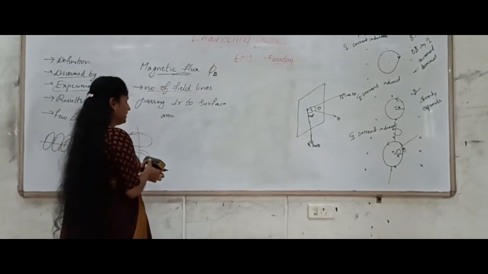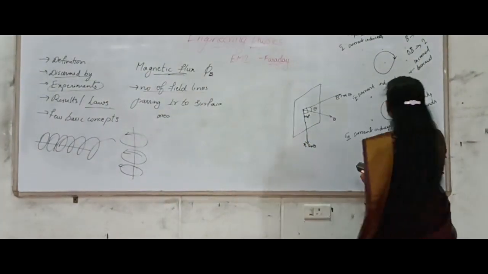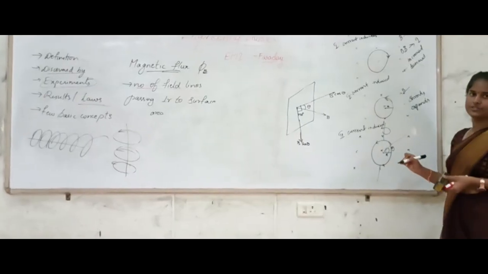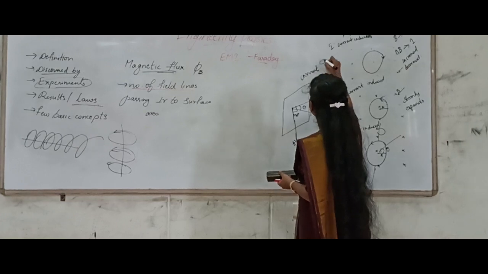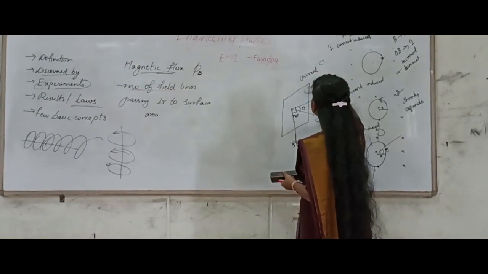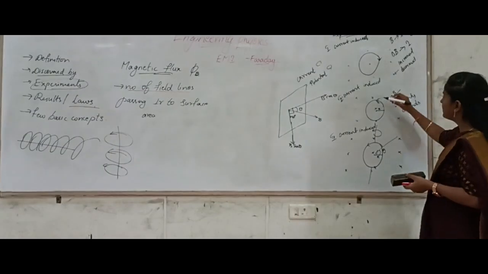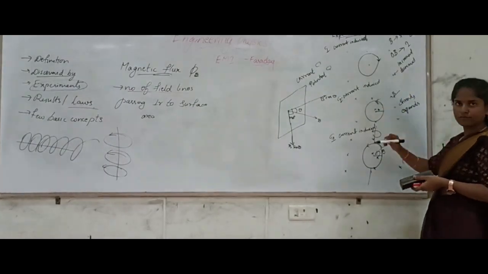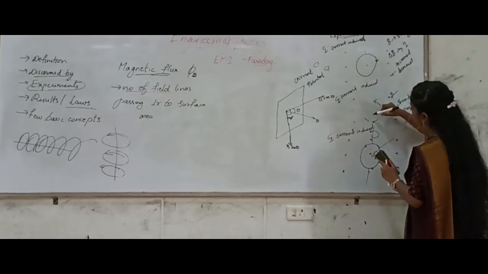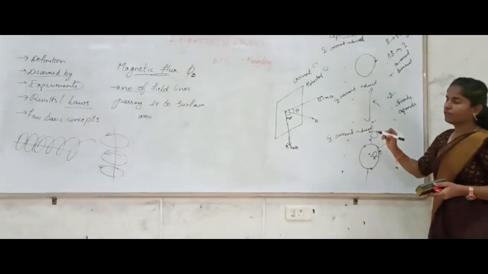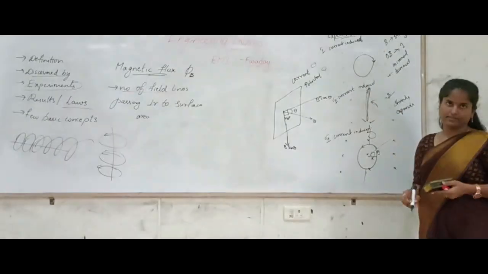Before going to the laws, let's discuss one more topic. Here, is current getting induced or potential getting induced? Current or potential? If we place a straight wire instead of this circuit, what we can observe is that potential gets induced in this conductor.